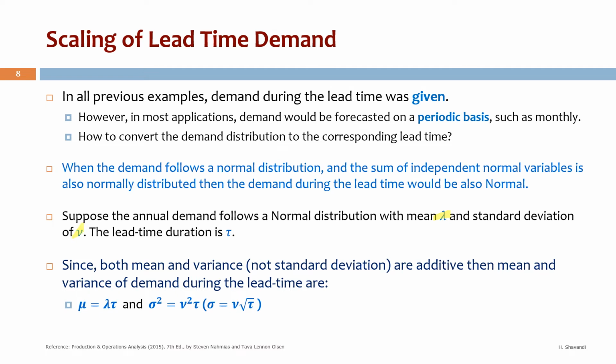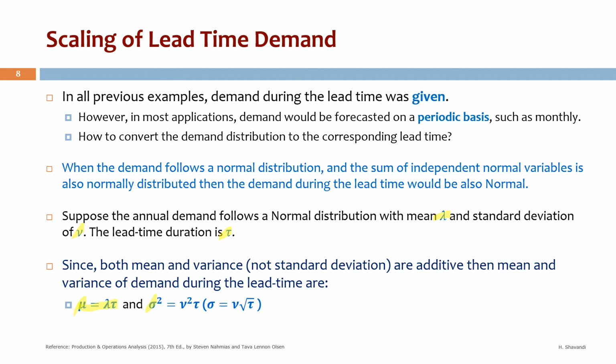We know that the lead time duration here is tau. If we want to obtain the normal distribution of demand during the lead time, with mu as its mean and sigma square as its variance, then mu will be lambda times tau.